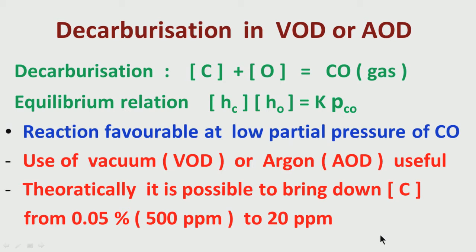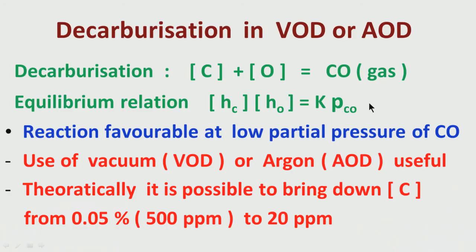So, this is the beauty of this VOD or AOD, it can bring down the carbon level to a very low level depending on how much vacuum you are using or how much argon you are pushing, what is the partial pressure of CO. This will determine at a particular temperature how much carbon finally will be there in the liquid steel. So, it is a good process, a useful process.